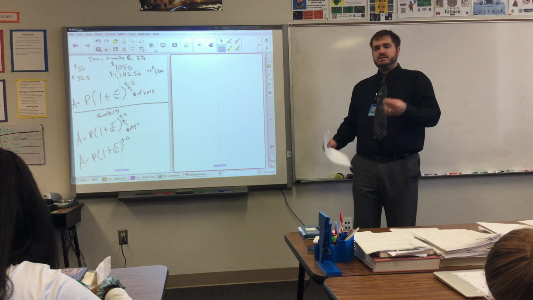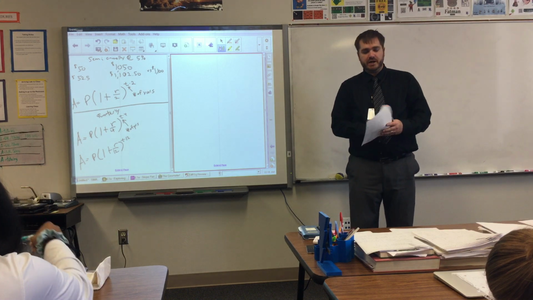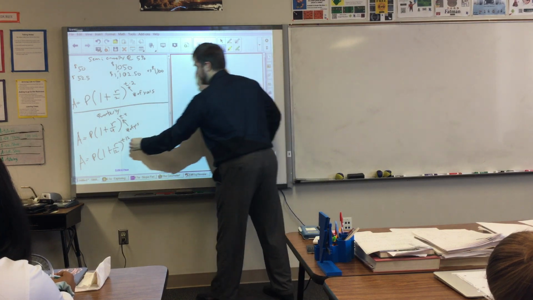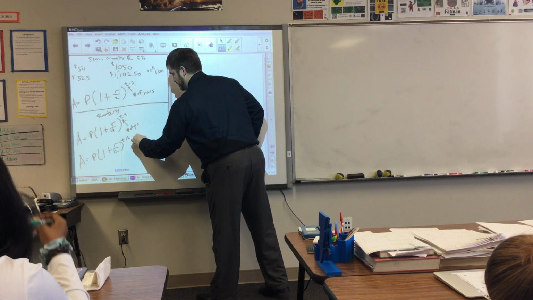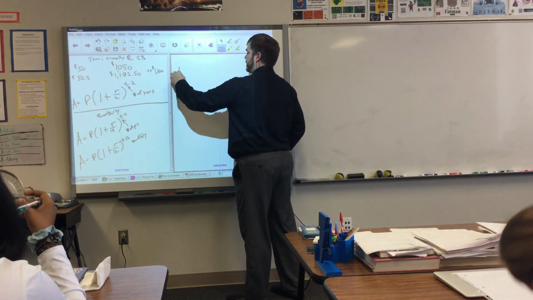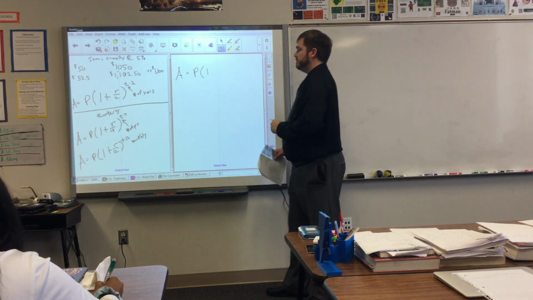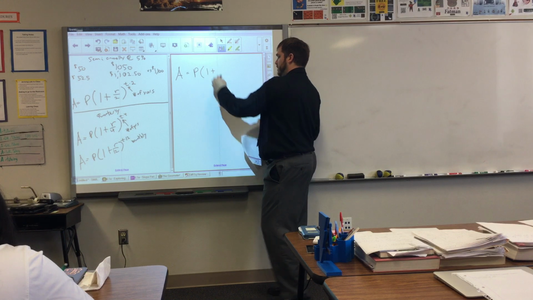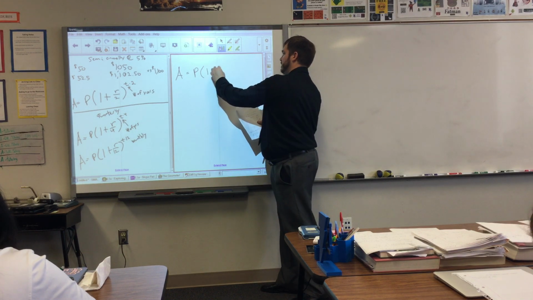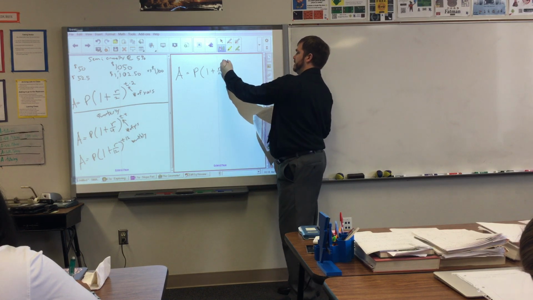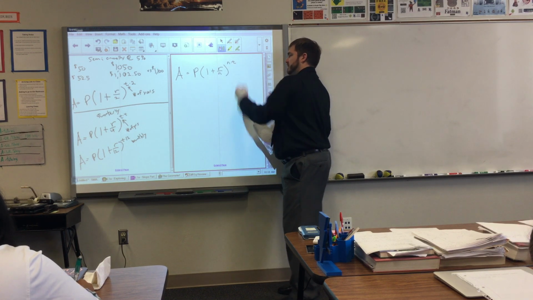So this leads us to the most generic formula, okay? And that is this. So this is monthly. The most generic compound interest formula: A equals P times (1 plus r over n) to the nt.